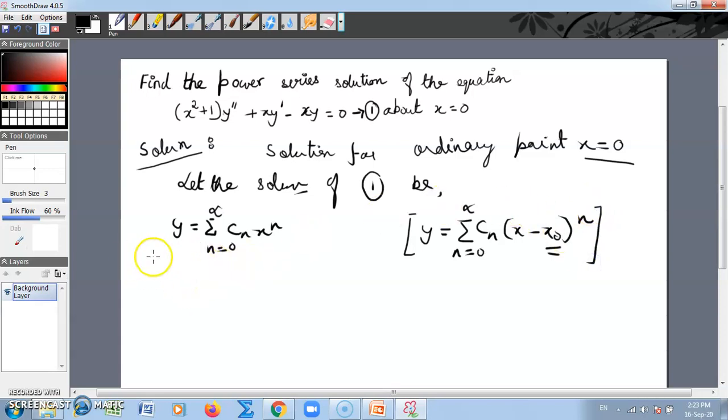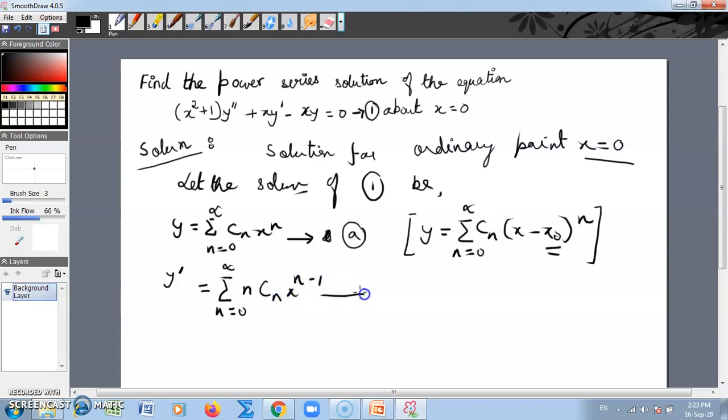Let this be (a). Now let us find the derivative with respect to x, that is y dash, dy by dx. Y dash is summation n goes from 0 to infinity n Cn x to the power n minus 1.